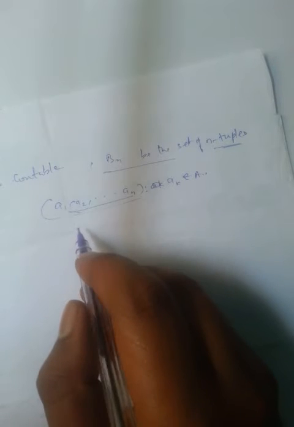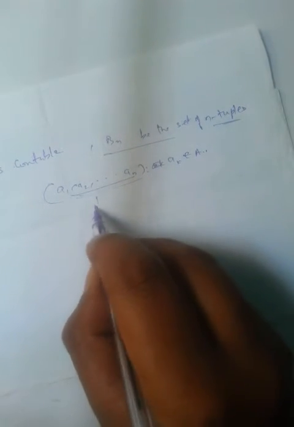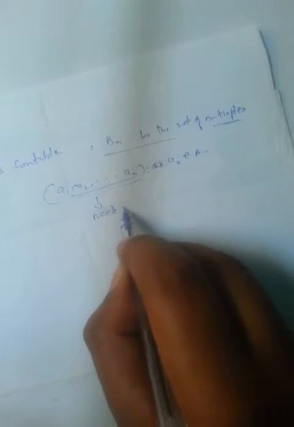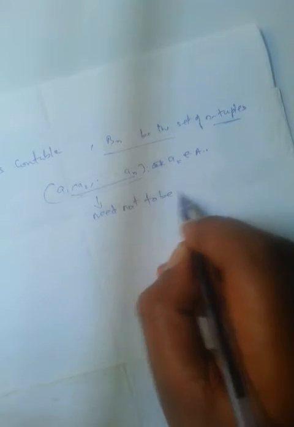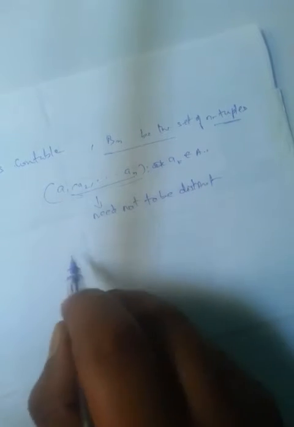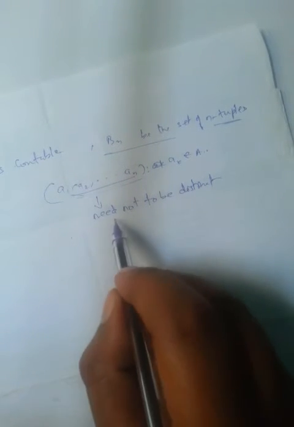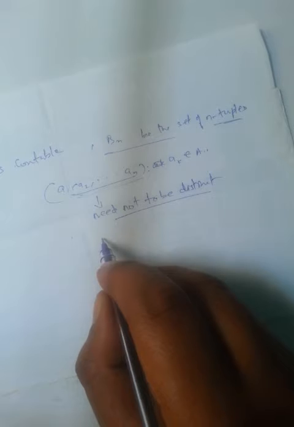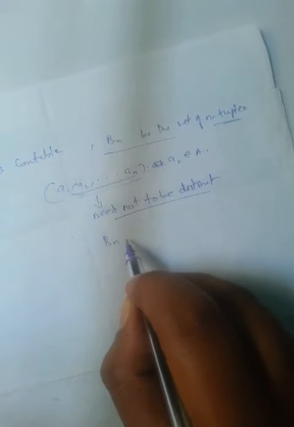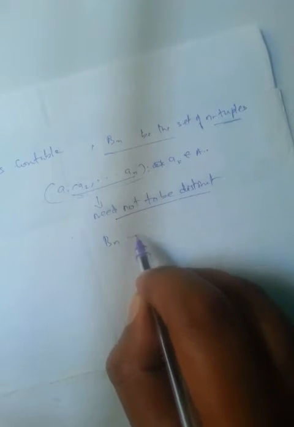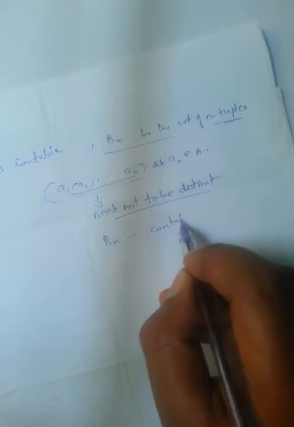This is countable, but the elements a1, a2, a3 need not be distinct. And even though they are not distinct, we have to prove that the set Bn of n-tuples is countable. Keep that in mind.